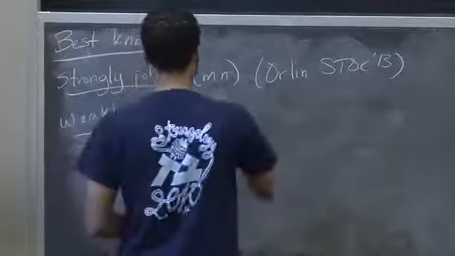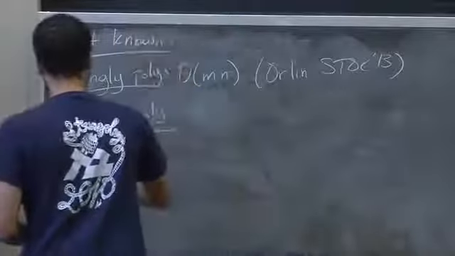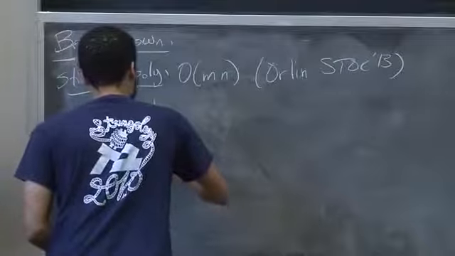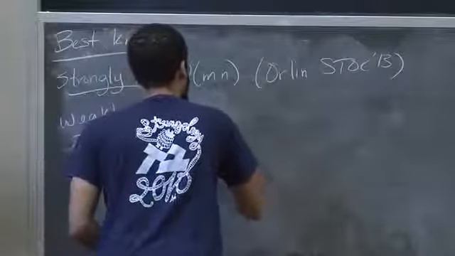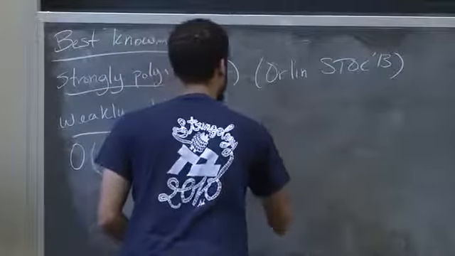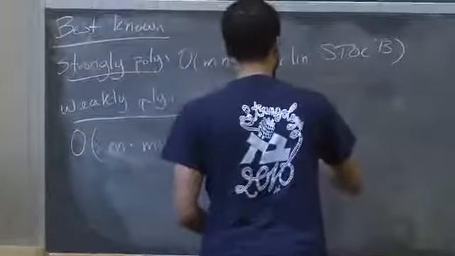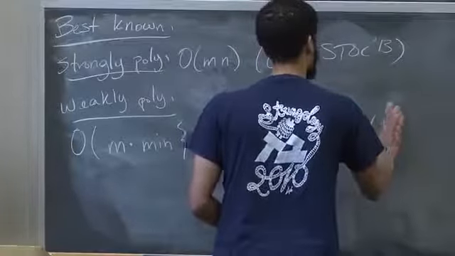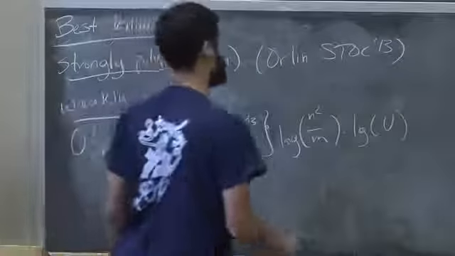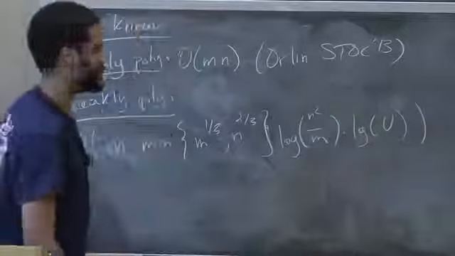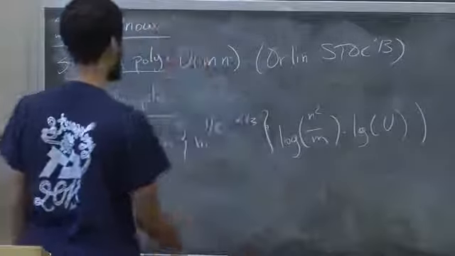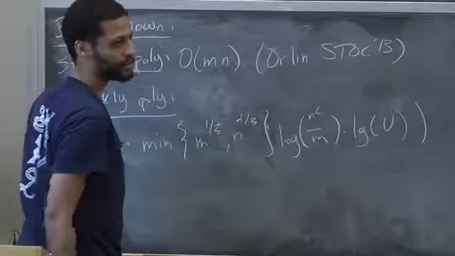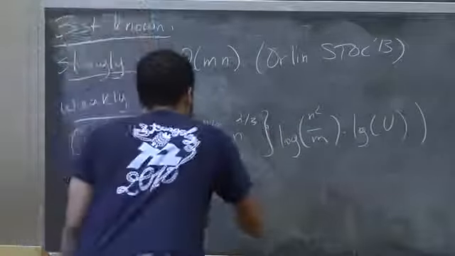So one is O of m times the min of m to the 1/3, n to the 2/3, times log of n squared over m, times log U. Right, so this is a little better. This is like mn to the 2/3 times some log factors. This is due to Goldberg and Rao.